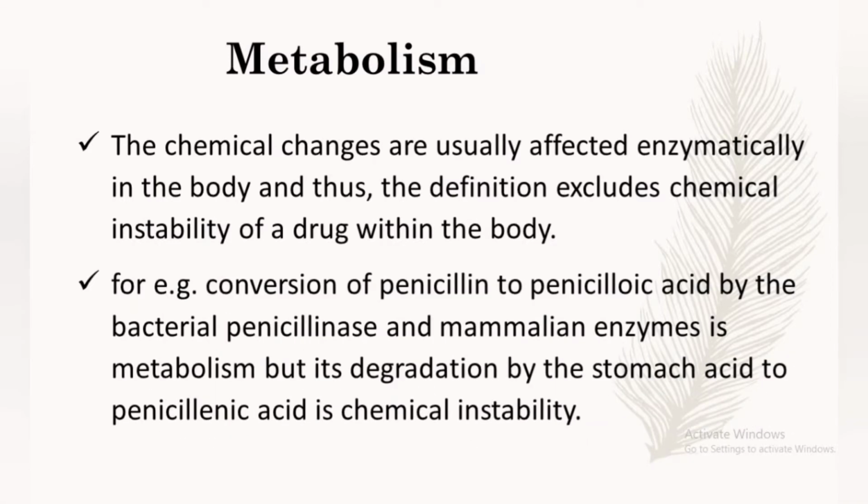For example, if penicillin is converted to penicilloic acid by the bacterial enzyme penicillinase, it is known as metabolism. Whereas if penicillin is degraded by our stomach acid to penicillinic acid, it is called chemical instability. So this is the difference between metabolism and chemical instability.